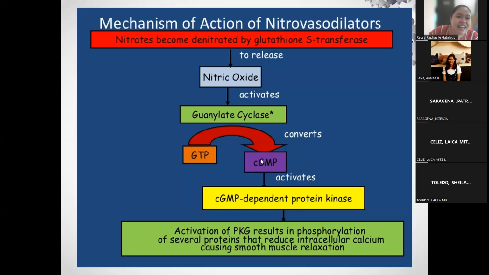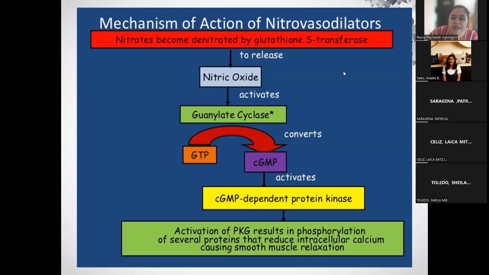What do you mean by cGMP? cGMP in pharmacology is different sa cGMP sa manuf ha. So cGMP sa manuf, that's current good manufacturing practices. Itong cGMP sa pharmacology, since this one is an endogenous substance, hindi yan siya current good manufacturing practices. This is cyclic guanosine monophosphate.